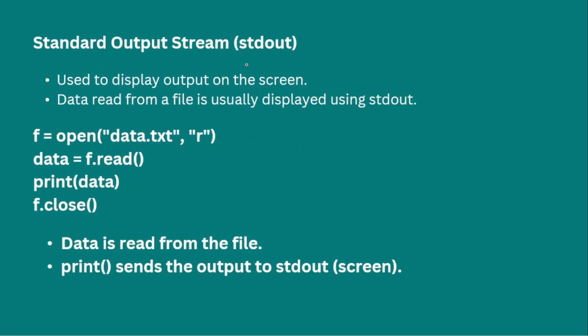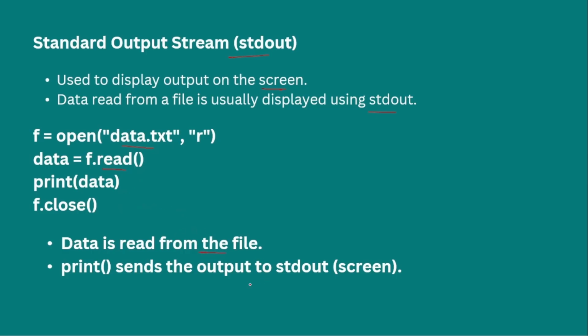Next is standard output stream, std out. This is used to display output on the screen. Data read from file is usually displayed using std out. So here we have open data.txt in read mode. Data equals f.read, print data, and then finally we are closing this file. So data is read from the file.